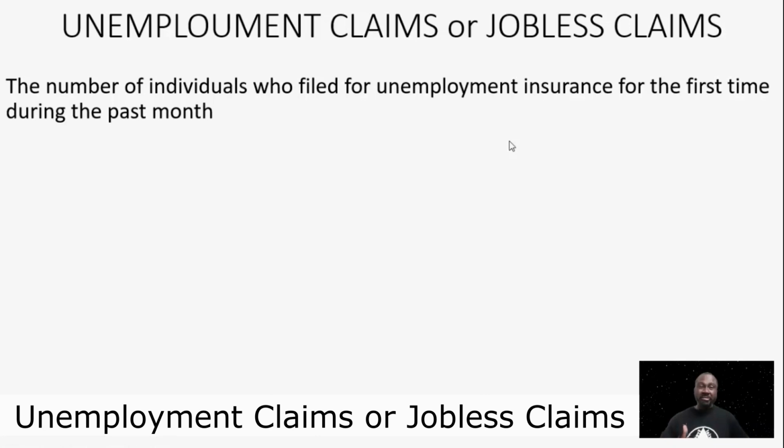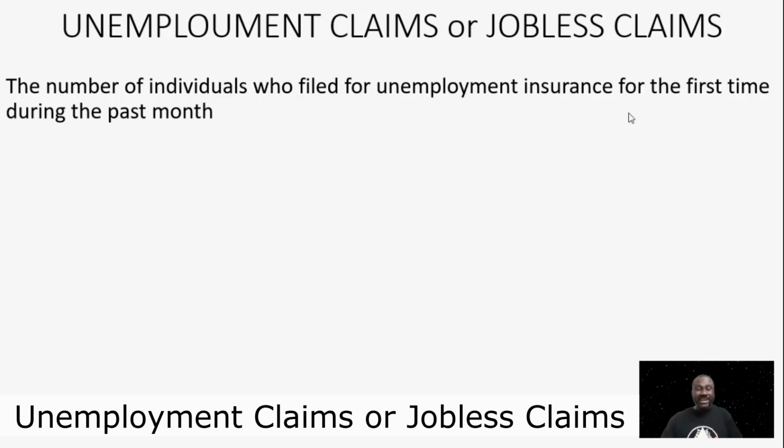Now we're in March. In April, a new number will come out. Do we have more people filing for unemployment, or do we have less? If you have less, that's good for the economy. If you have more, that's not good. Why is that?